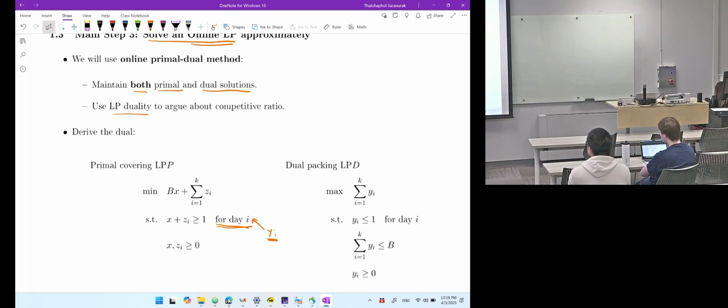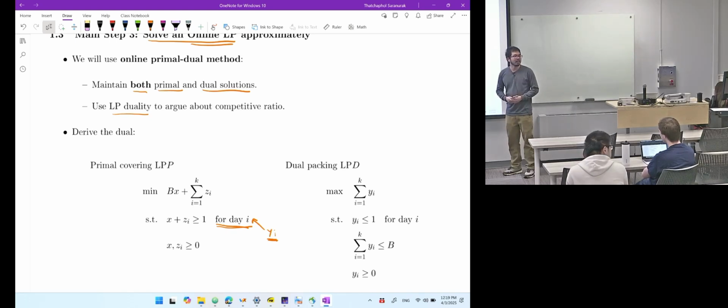But note that this one is an online LP. The constraints are coming to you one by one, so there must be some online aspect on the dual too, right? So what would that be? If each constraint on the primal comes to you one by one, what happens to the dual LP?